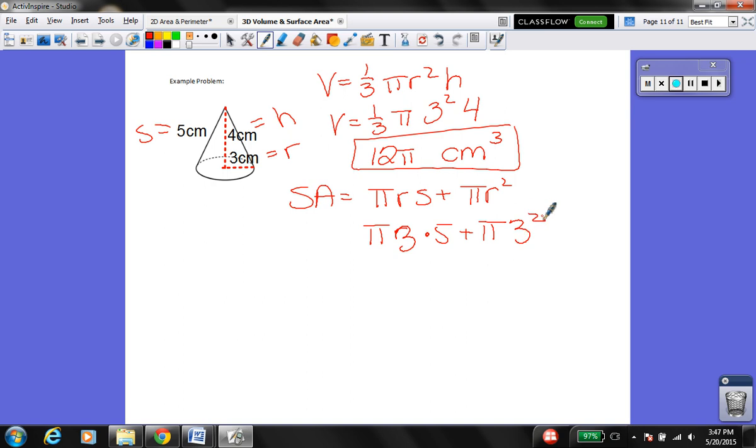And in this case, we don't even need the height anymore. 3 times 5 gives me 15. 15 pi plus 9 pi. We get 24 pi centimeters squared.